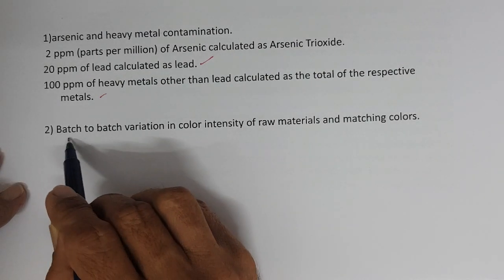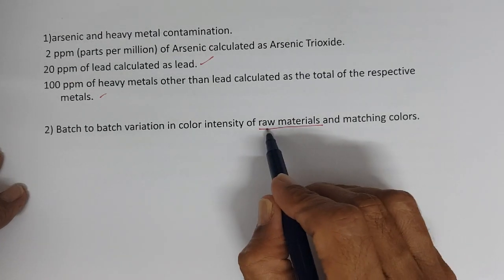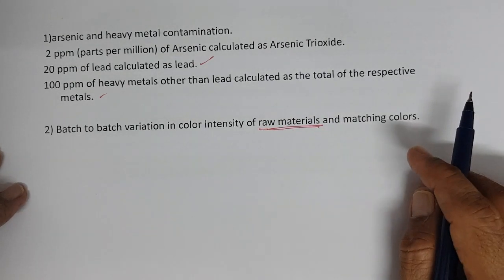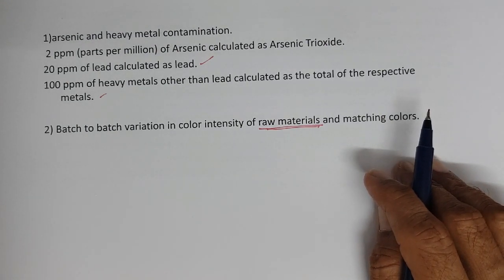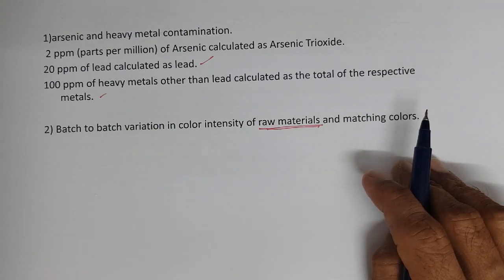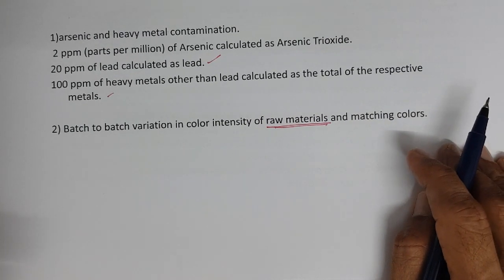And then batch to batch variation in the color intensity of the raw materials, right? Your customer, in color cosmetics, doesn't want to see color changes, even a slight color change from batch to batch. So to maintain that color, batch to batch standardization of the raw material is very, very important.